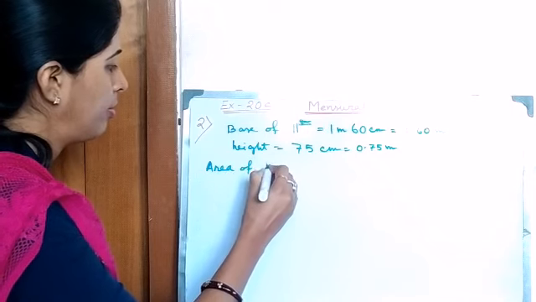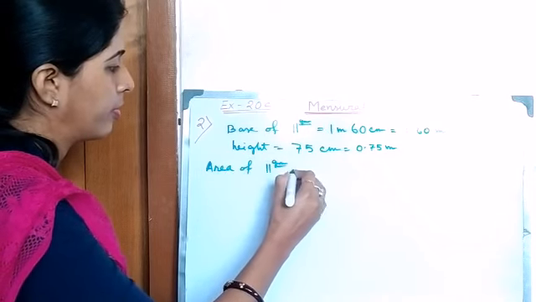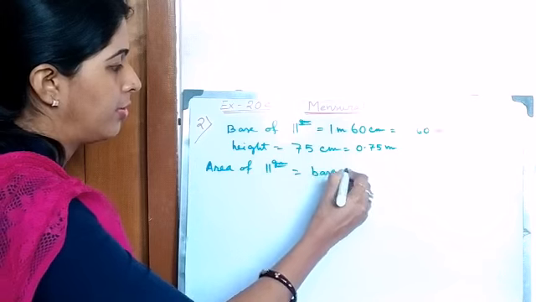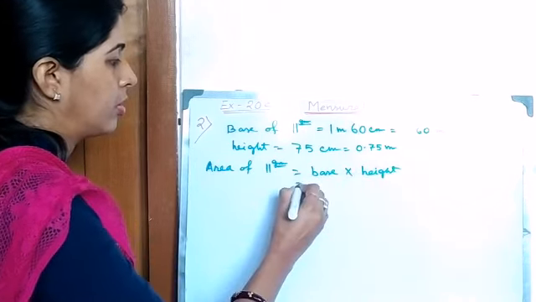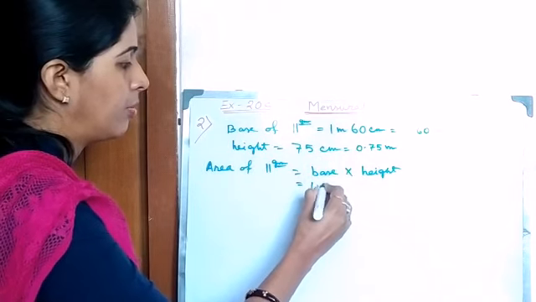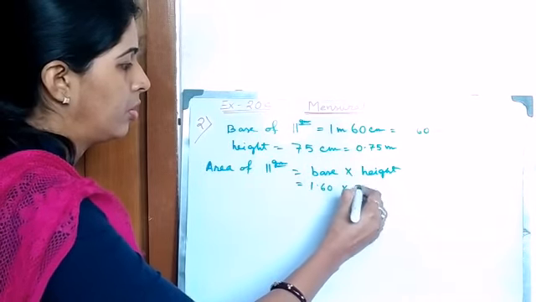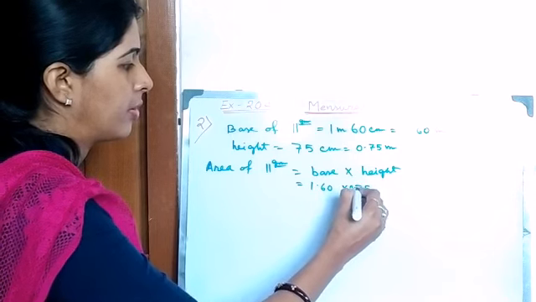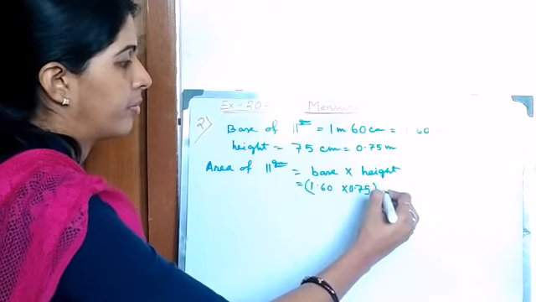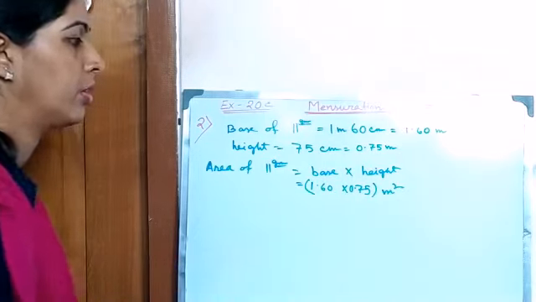Area of parallelogram equal to, first we have to write the formula of it, base into height. Now I can put the value, 1.60 into 0.75 meter square.